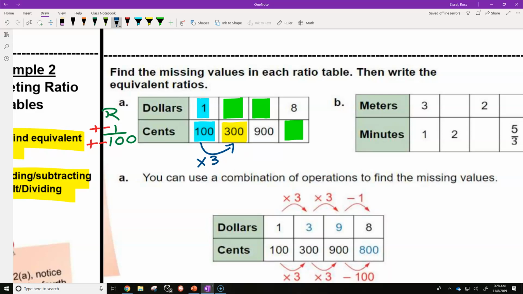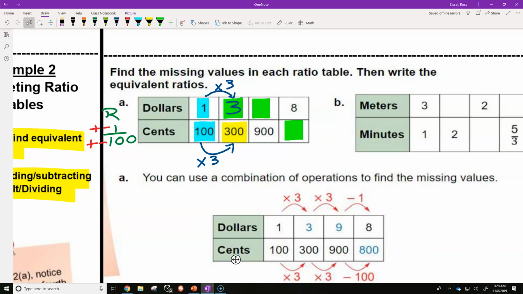I didn't add 100 because that only gave me 200. So 100 times 3, if I multiply by 3, what do I have to do up top? 1 times 3 is 3. Could I identify the rule right now? If I put 1 in and 100 comes out, if 3 goes in, 300 comes out.